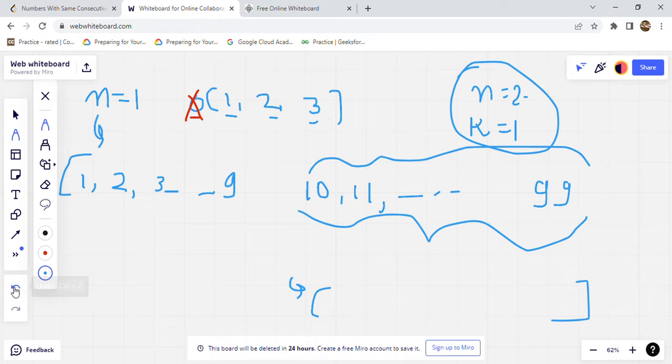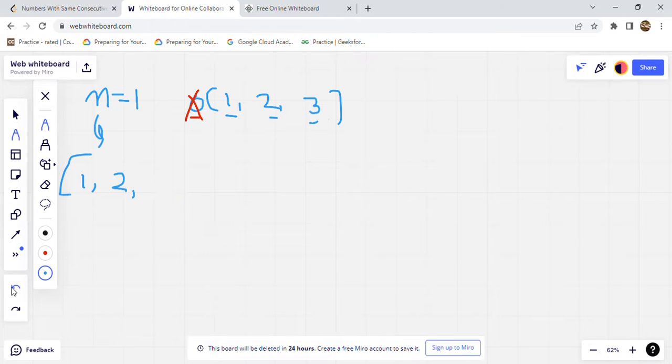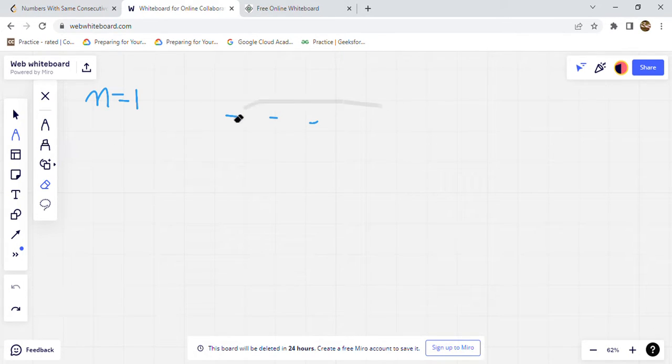Now in the optimized approach, what if we generate the numbers? We are not traversing all numbers. We can generate the numbers which satisfy the required condition. Let's see. For n equal to 2, the difference is plus 1 or minus 1.